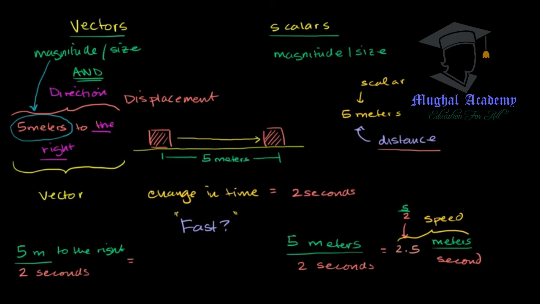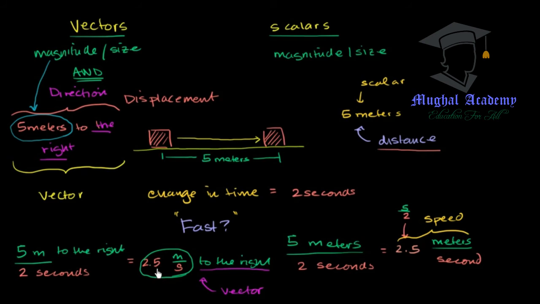We get 2.5, once again, 2.5 meters per second to the right. So is this a vector or a scalar quantity? I'm telling you the magnitude of the speed, that's right here, 2.5 meters per second. And I'm also telling you the direction, to the right. So this is a vector quantity.